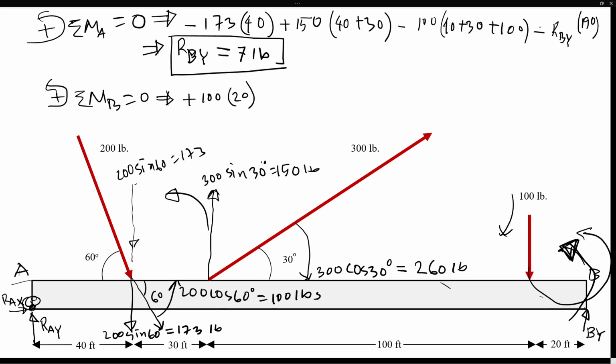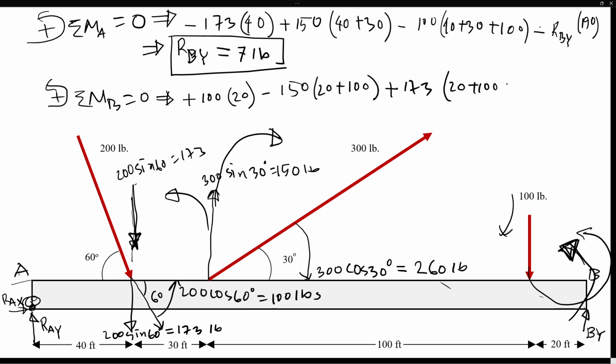And then this 150 vertical component will produce a clockwise moment, minus 150 times the distance, which is 20 plus 100. Then the downward 200 sine 60, which is 173, will cause a counterclockwise moment, which is positive. So 173 times 20 plus 100 plus 30.